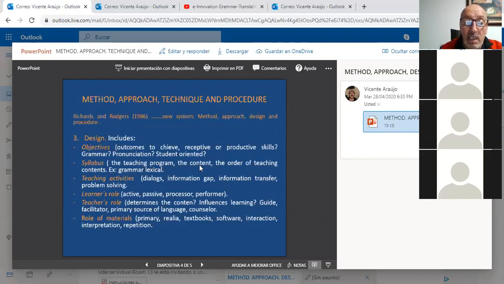So it has the content. What is the content of the program? And in which order am I going to teach these contents? Example, grammatical, lexical. That's the syllabus. It is the program, and it has the contents and the order in which I'm going to teach those contents.